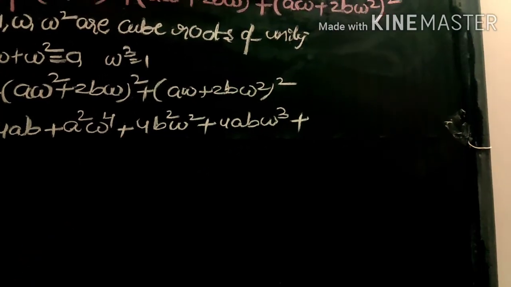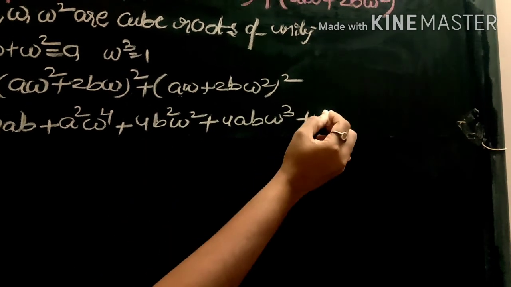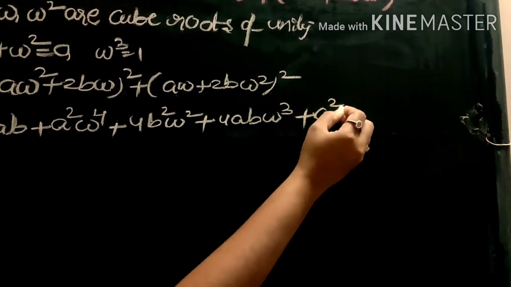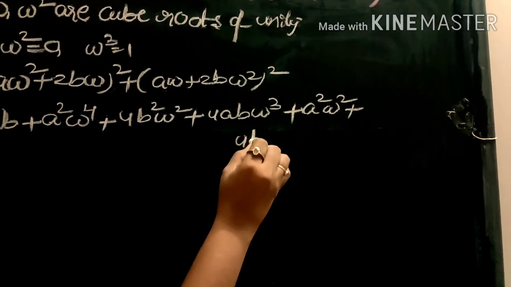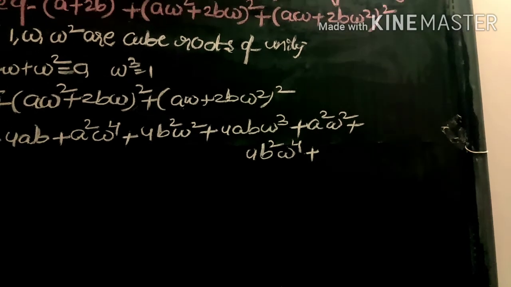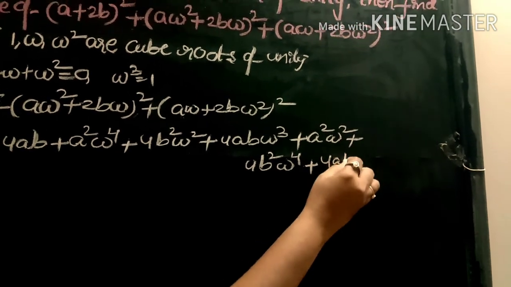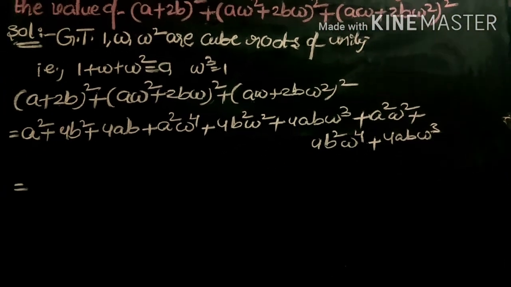Now the expansion of the third term, also in the form of (a plus b) whole square: a square omega square plus 4b square omega power 4 plus 4ab omega cube.